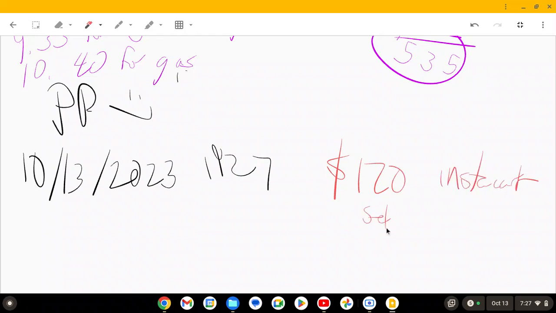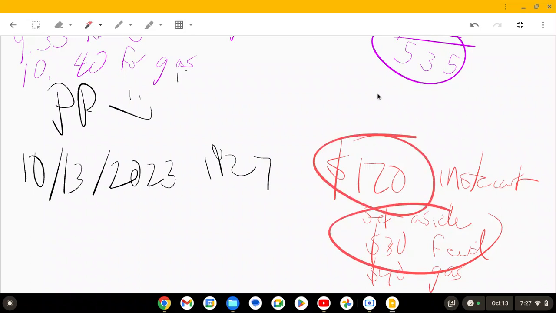So set aside 30 for feed and 40 for gas. So that means I made 50 buckaroonies.